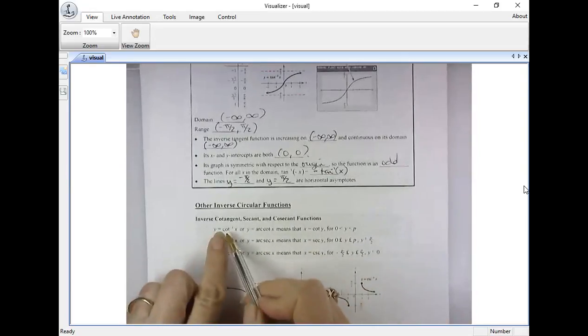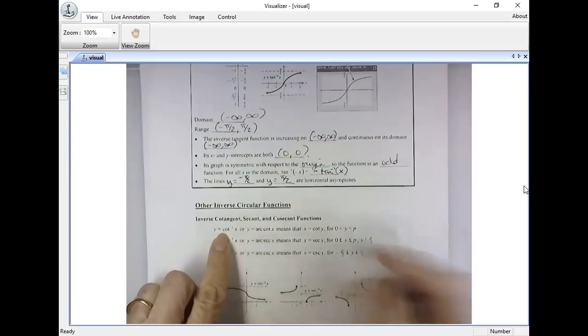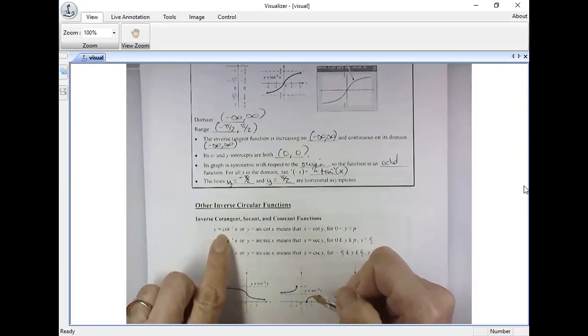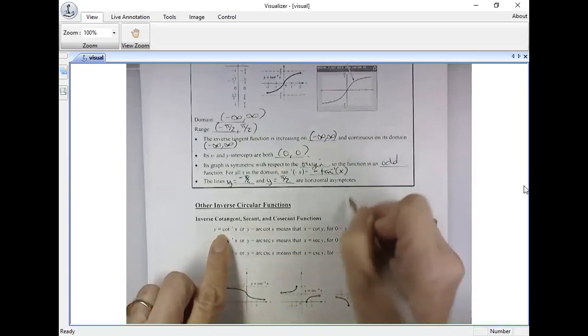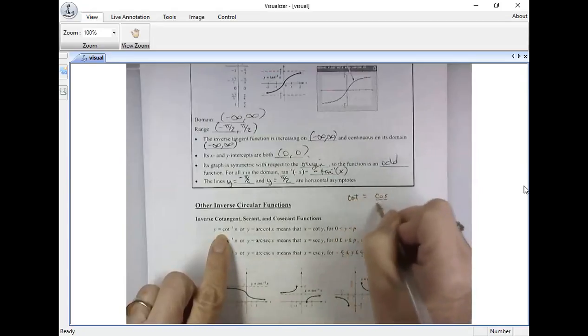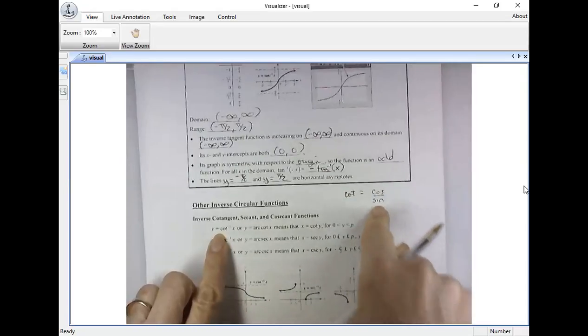If we were talking about cotangent and we wanted to take the arc cotangent, we're going to need which quadrants, 1 and 4 or 1 and 2? Do you remember where the asymptotes are on cotangent? If you don't, then think of it as cosine over sine. What angle measure gives you a sine ratio of 0?